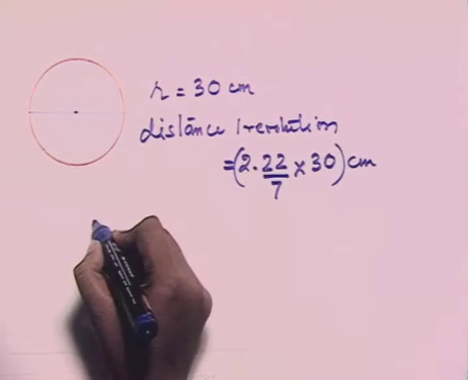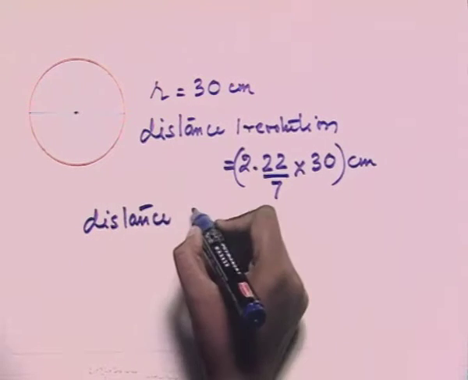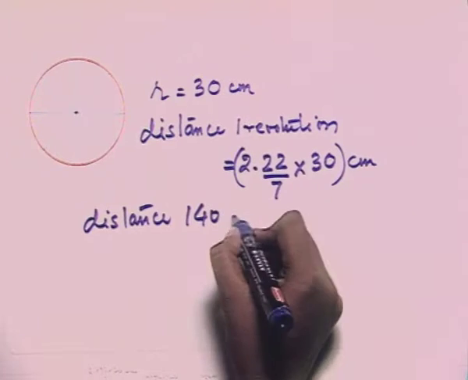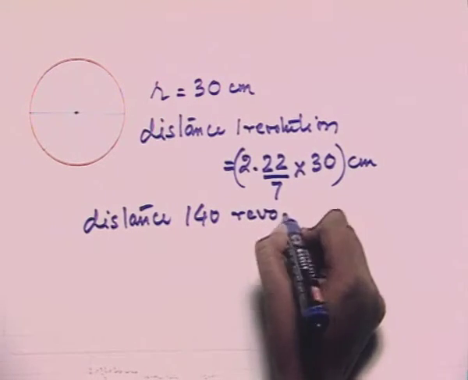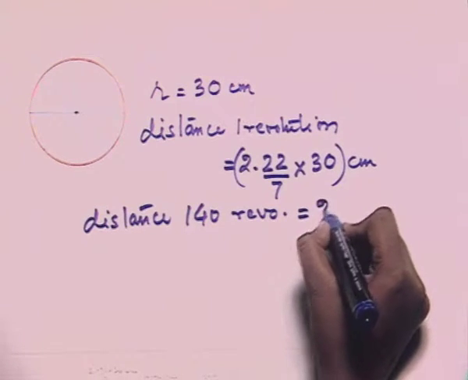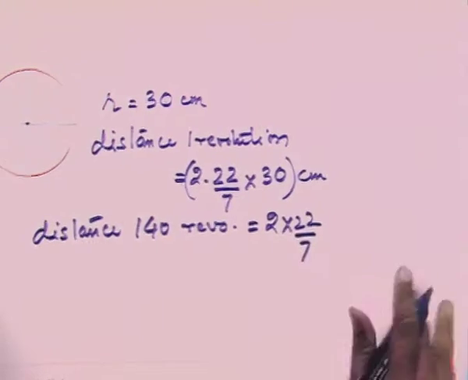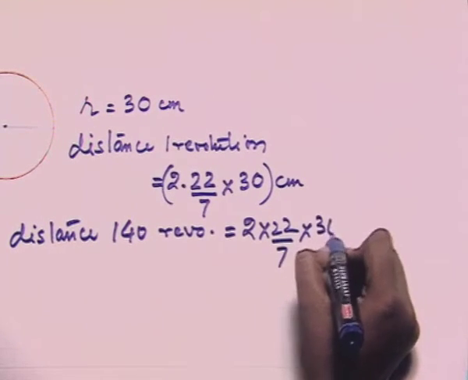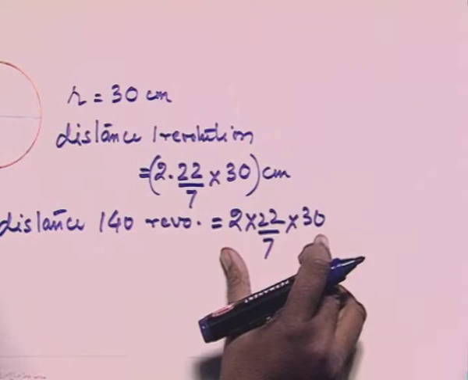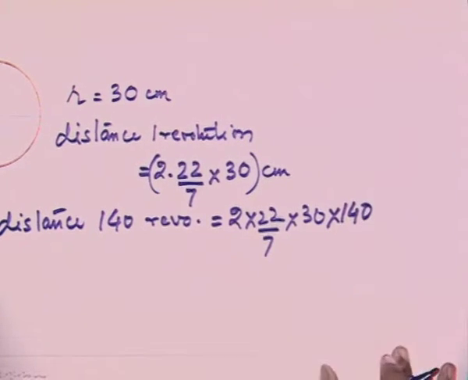So, the distance covered by this wheel in 140 revolutions will be equal to 2 multiplied by 22 upon 7 into 30, that is the distance in 1 revolution, multiplied by 140.